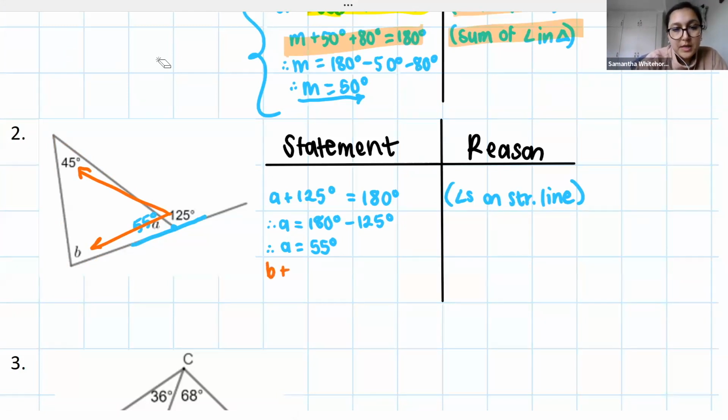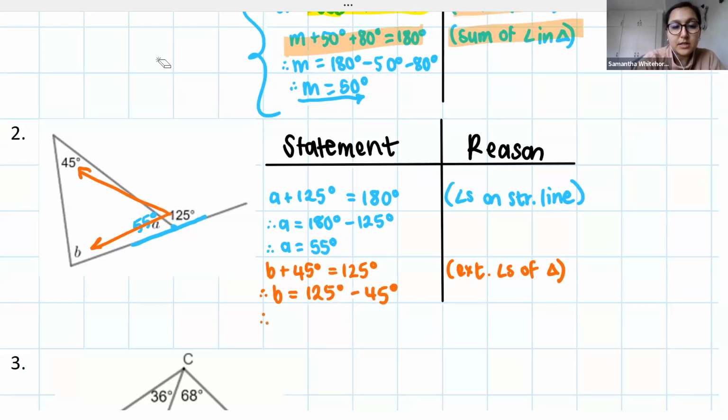So we know that B plus 45 degrees must give you 125 degrees, and that is because of exterior angles of a triangle. Again, I used the fact that I know that 125 is found by adding 45 and B. Why did I know that? Because it's an exterior angle. So I was able to give my reason. That therefore means, again, inverse operations. So I need to subtract 45 degrees on both sides of my equation.